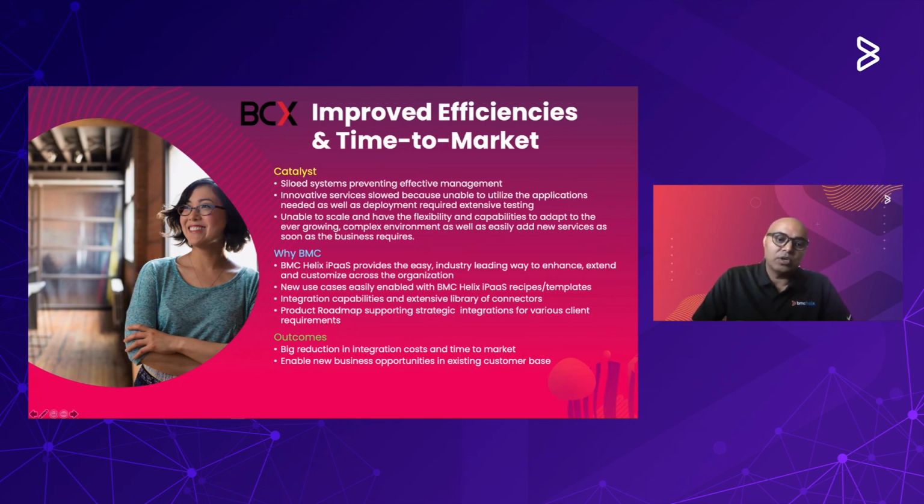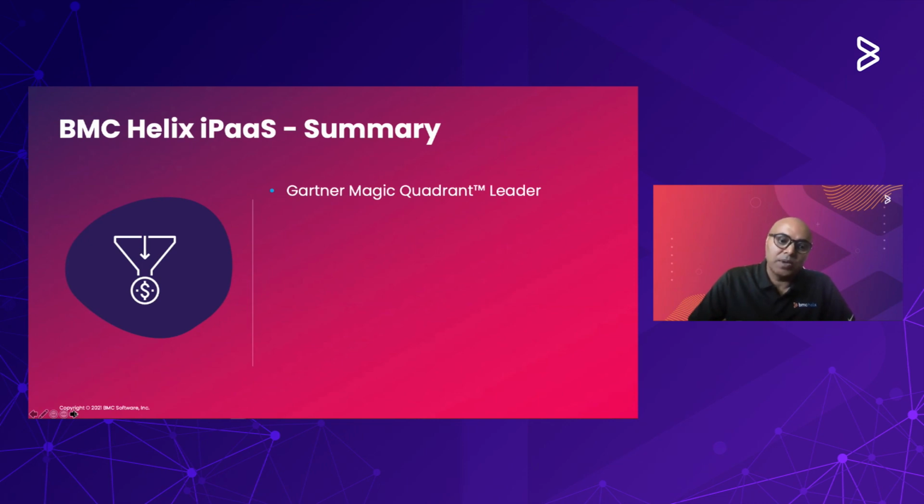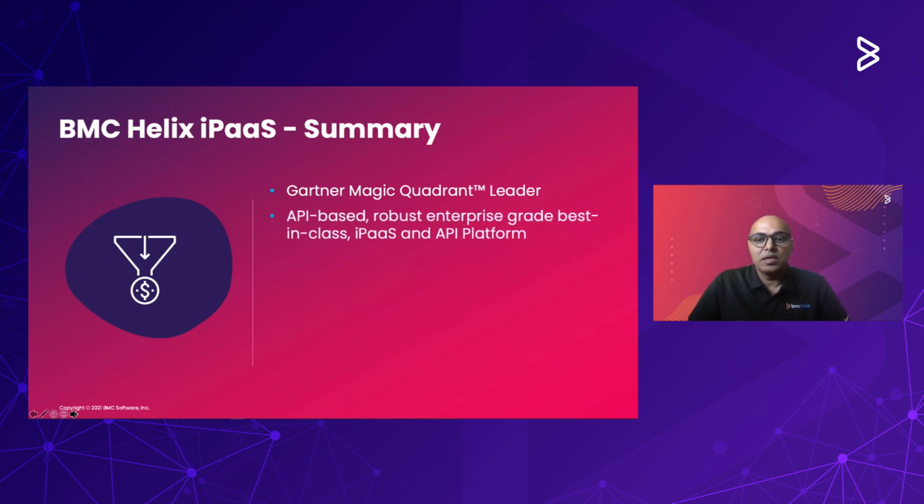With that, I'm going to take you to a quick summary of what we covered today. And some of the things I'm super excited about with this integration platform as a service, BMC Helix iPaaS. Again, it's a Gartner MQ leader technology for iPaaS as well as API management platform. It's robust and it's enterprise grade with thousands of customers running it in production today.